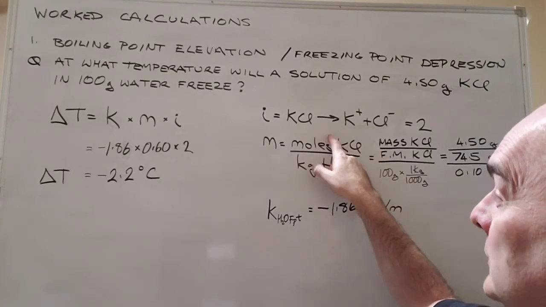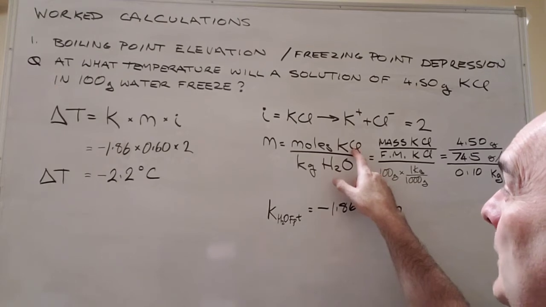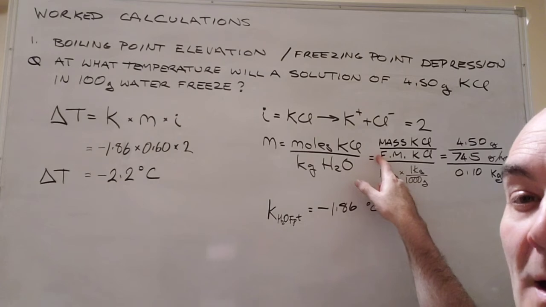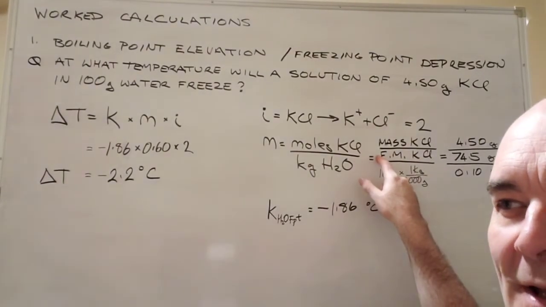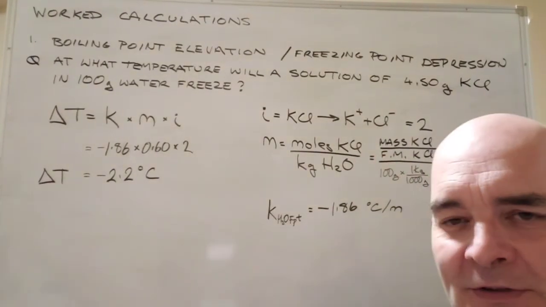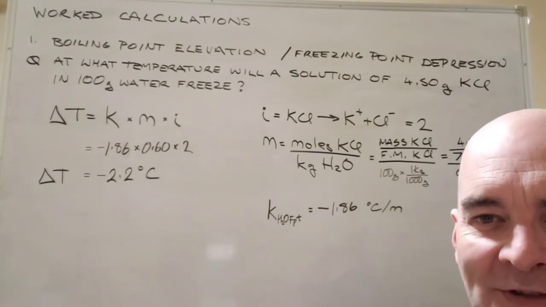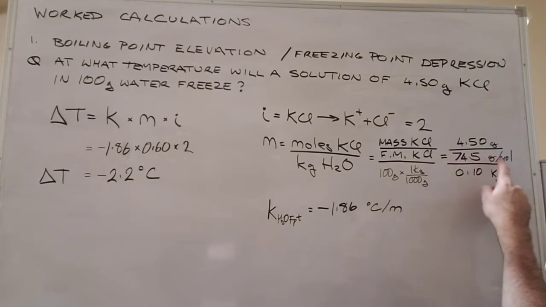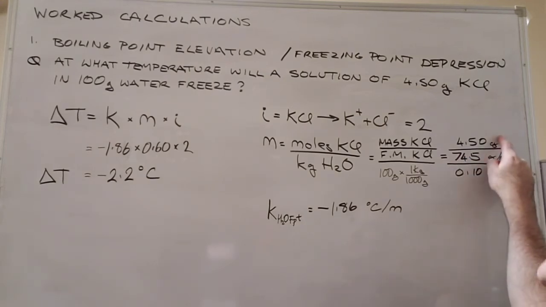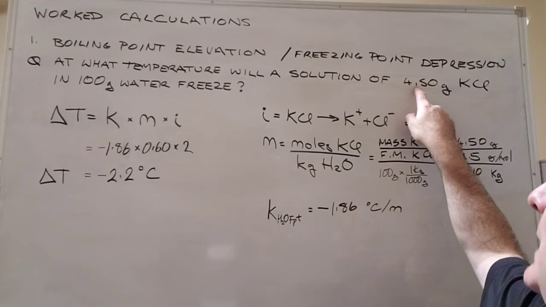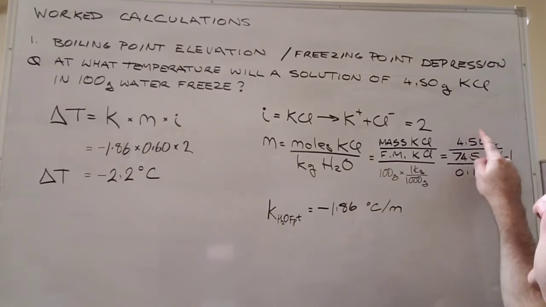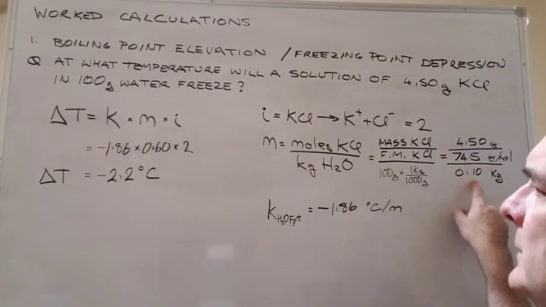The moles of potassium chloride, well, moles is equal to mass divided by formula mass. So I had to go look on the periodic table and find the atomic masses of chlorine and potassium. And when I add them together, I got 74.5 grams per mole. So my 4.5 grams in the question, my mass, is divided by the formula mass, 74.5, and then that number is divided by 0.1 kilograms.